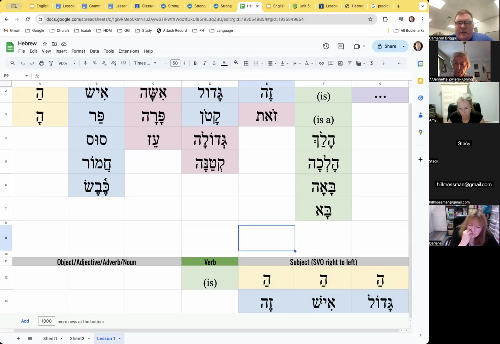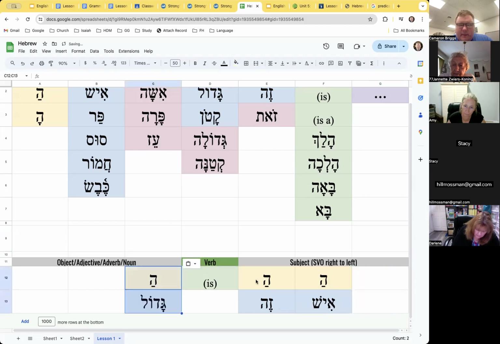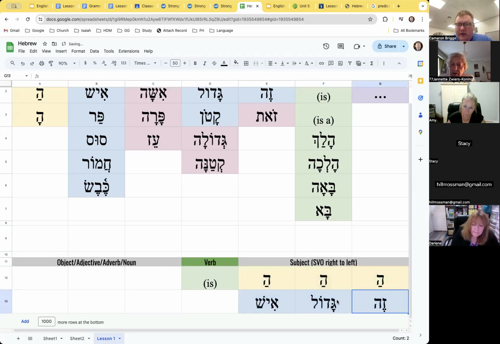And so this one, it all depends. We want to try to figure out what order they need to go in now. So is it Hagadol, Ha'ish, Hazeh? We do it just opposite of what we would do in English. So if we're reading right to left in English, we would typically say "this big man," and it's just reverse in Hebrew.